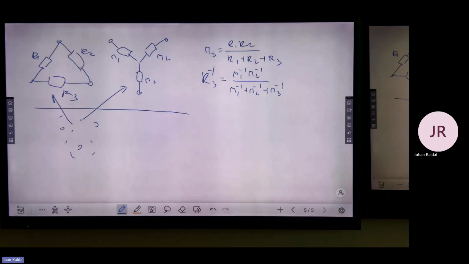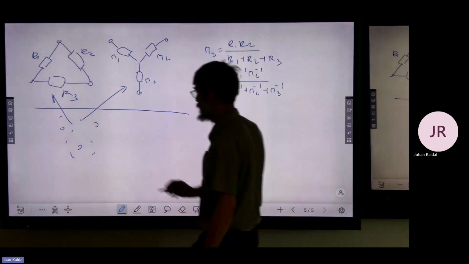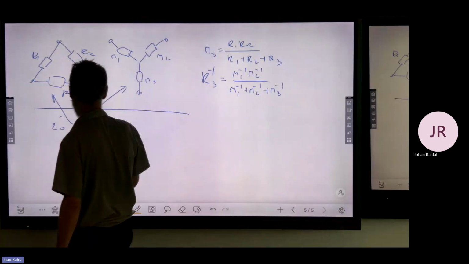Okay, we have linear resistors, which means that we have linear response. What we need to characterize the arbitrary system of resistors is the linear response. So let us say we let in a current to a certain pair of nodes. Suppose we have here node 1, node 2, node 3.